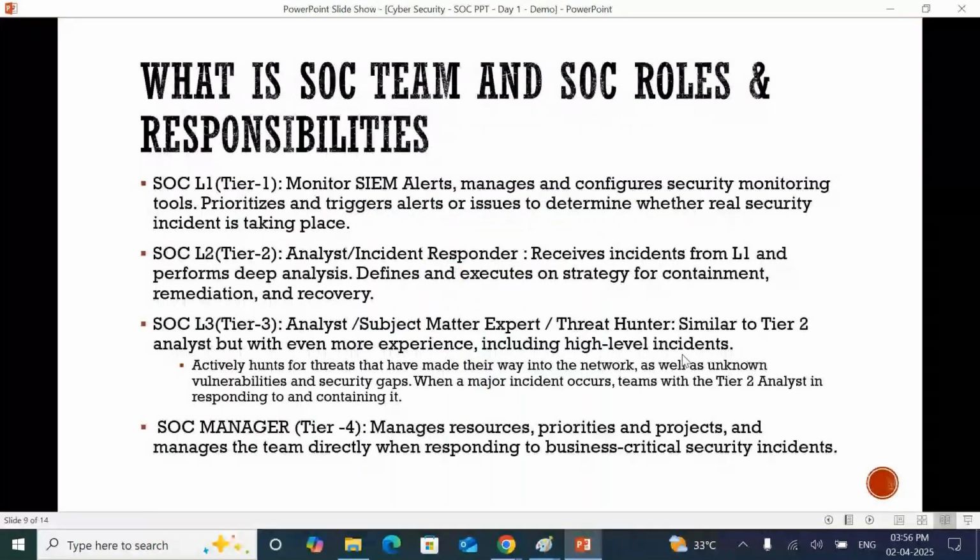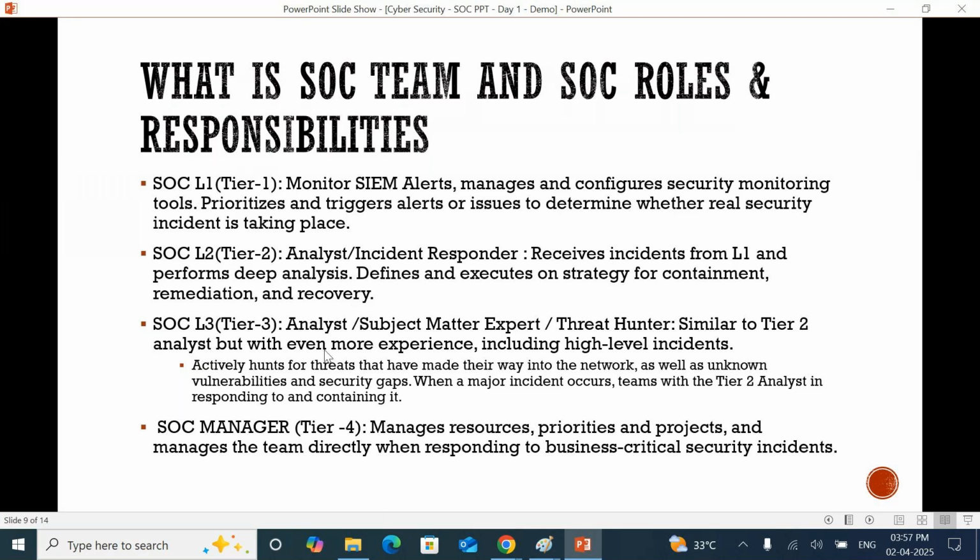What is the SOC team and SOC roles and responsibilities? SOC L1: monitoring SIEM alerts, managing configuration of security monitoring tools, prioritizing and triaging alerts or issues to determine whether a real security incident has taken place or not. L2 analyst, incident responder: receives incidents from L1 and performs deep analysis, defines and executes a strategy for containment, remediation and recovery.